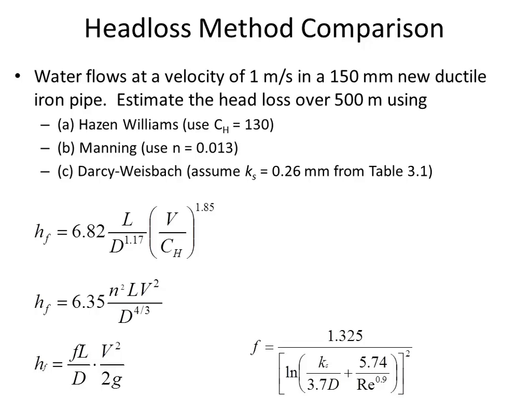So why do you think Manning's equation overestimated? What do you suppose it is about Manning's equation that overestimated how much head loss there will be? It's hard to say exactly. Manning's equation is often applied to an open channel, so most often it's used when the top of the surface isn't in contact with the water.